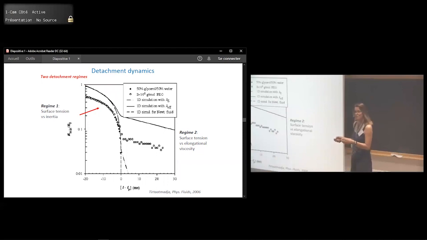In this case, the elongation viscosity sets in, and what we have is a competition between surface tension and elongation viscosity. Maybe this reminds you of something, because we said that non-Newtonian properties will set in above a certain critical Weissenberg number. Our solution has some relaxation time lambda, which can, for example, be the Zimm relaxation time that we discussed already.